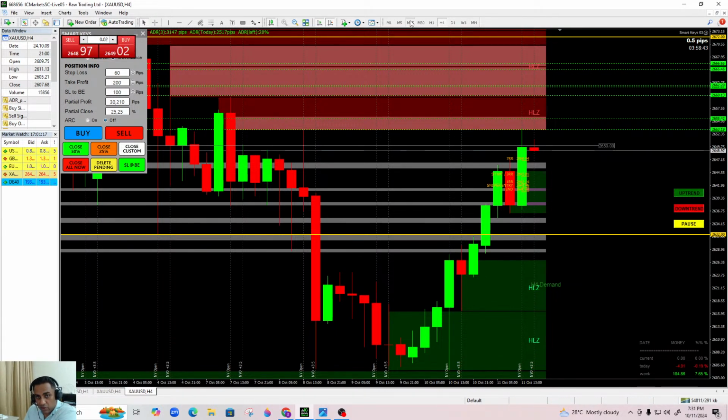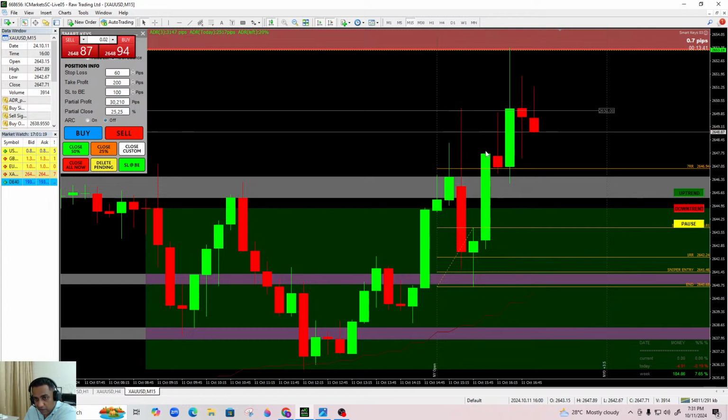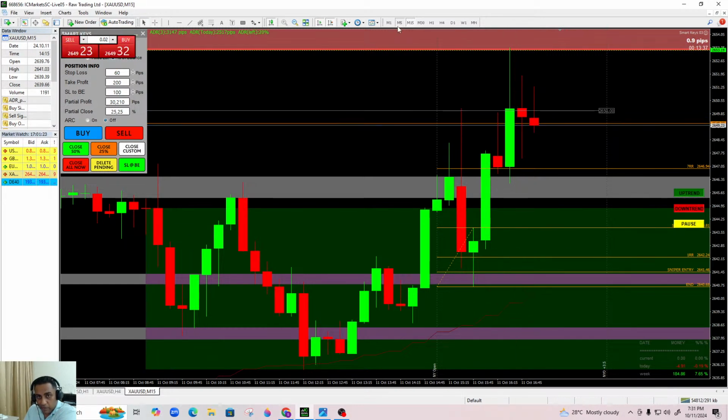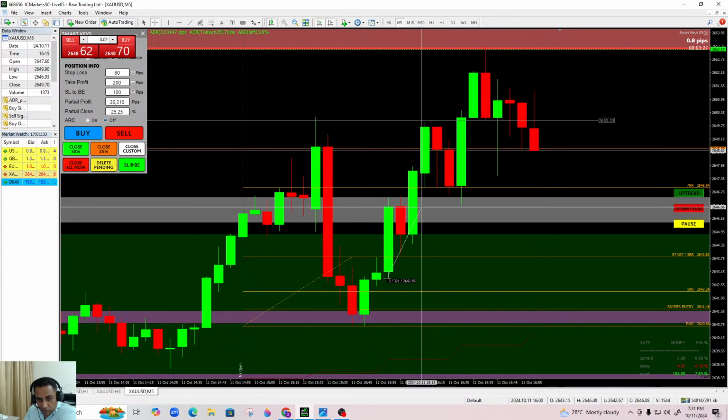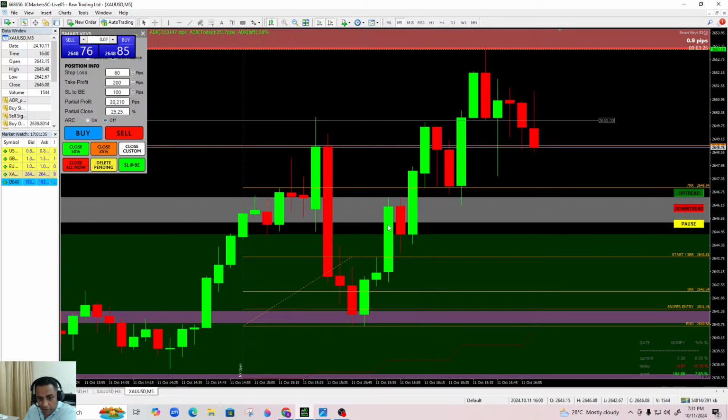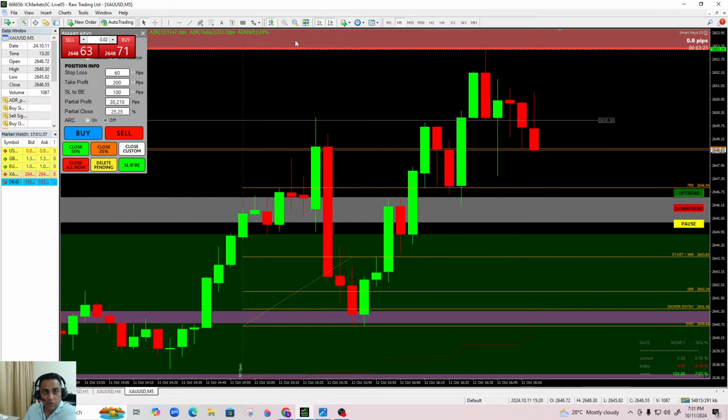So price needs to come into this candle right here to go up. Does that make sense? And inside that candle, what is the biggest candle? This is the candle right there. Let's take it from the close. 33 pips, perfect. That's the candle price needs to come into.